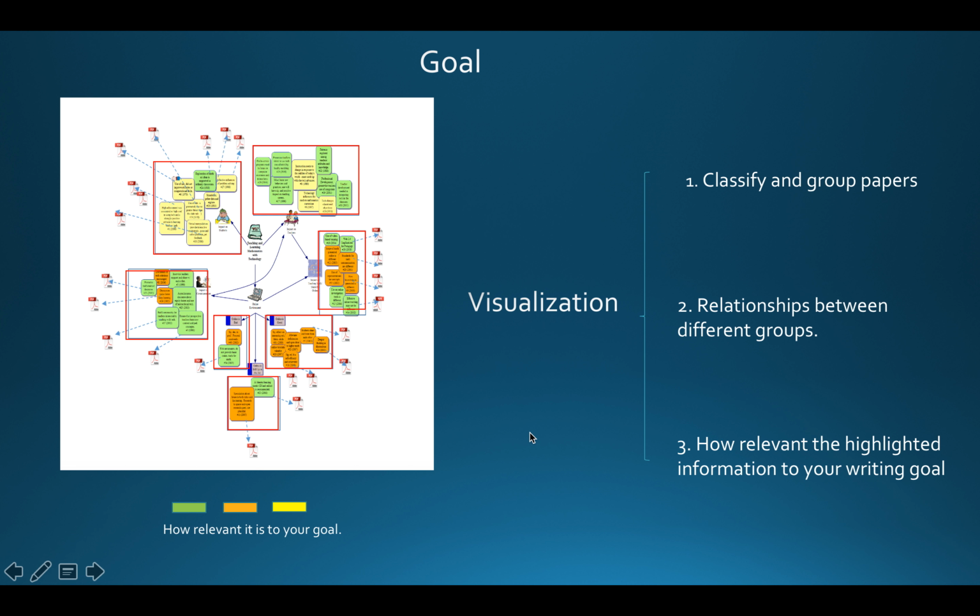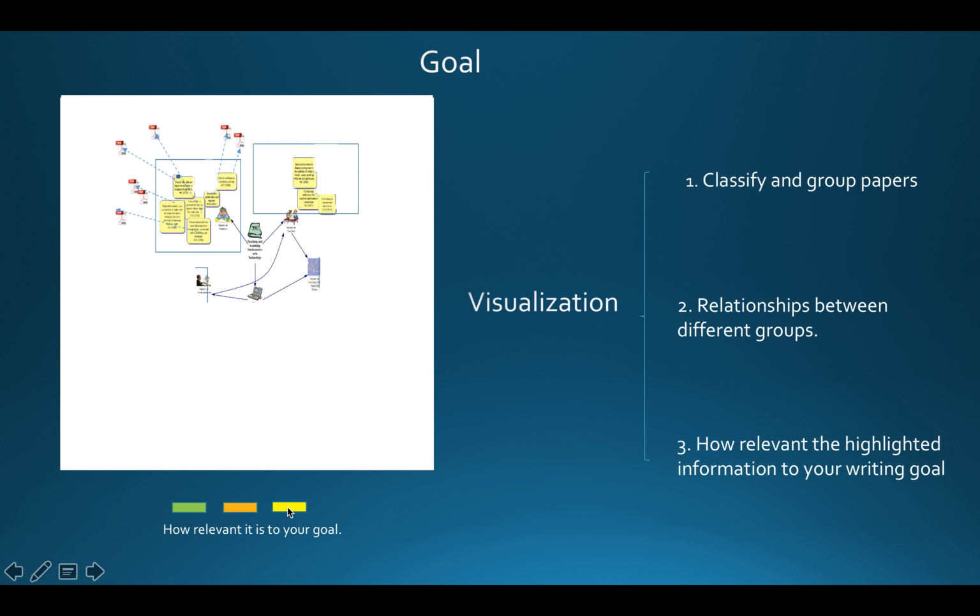And I also want to see how relevant the highlighted information is to my writing goal. So if I click the yellow one, here is the most relevant quote or information I think will contribute to my writing, to my literature review. Hopefully I can develop that.